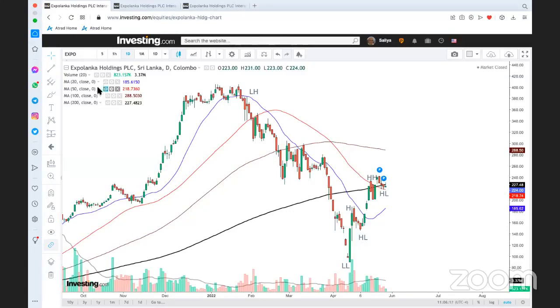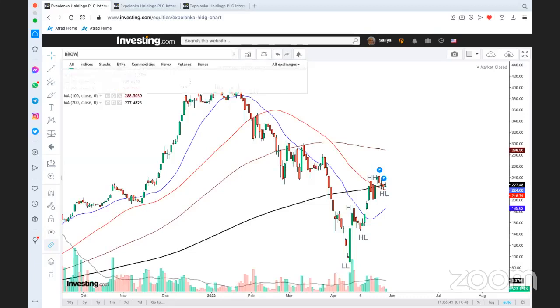Okay, so let's move on to Brown's Investments. Another point that I have to mention is that when we were on the main page in investing.com, we use the search bar there to choose the stock or the counter. Now, when we are here in this chart, we can use this search bar to pick or choose our counter.